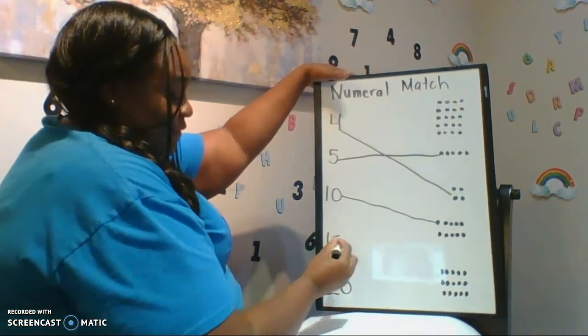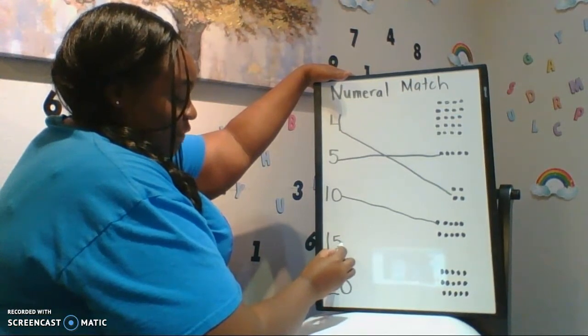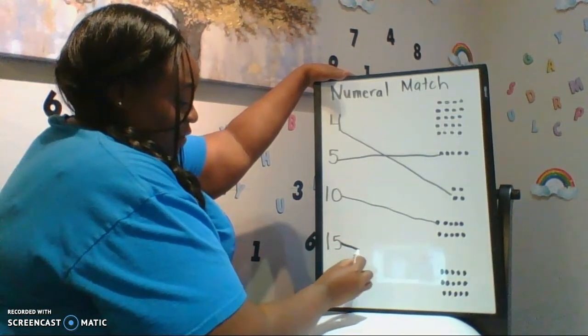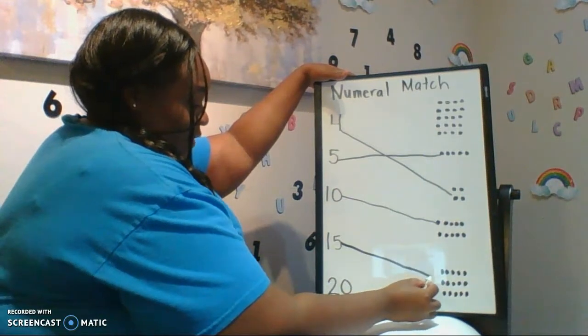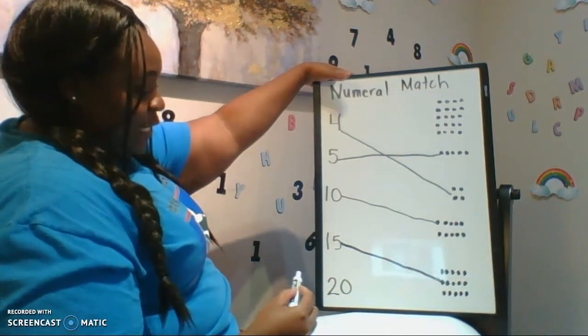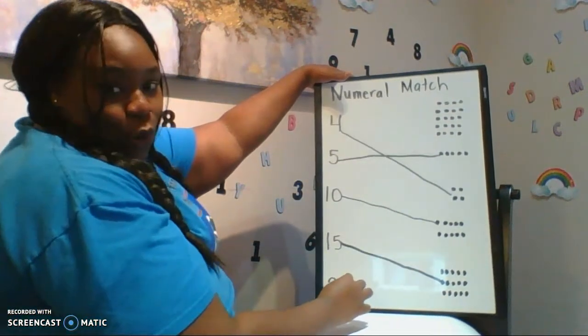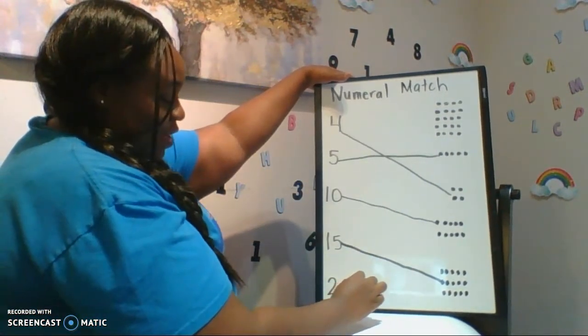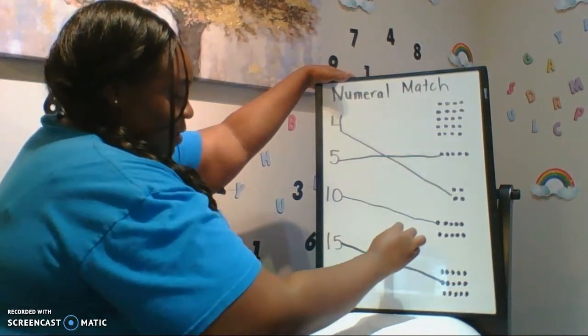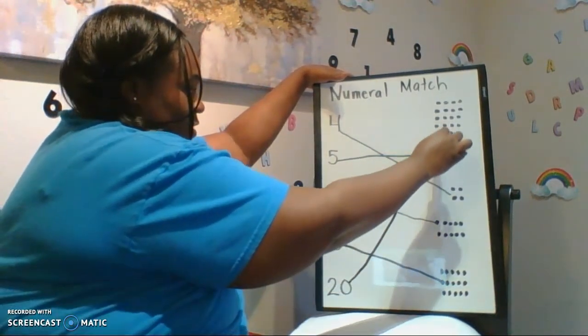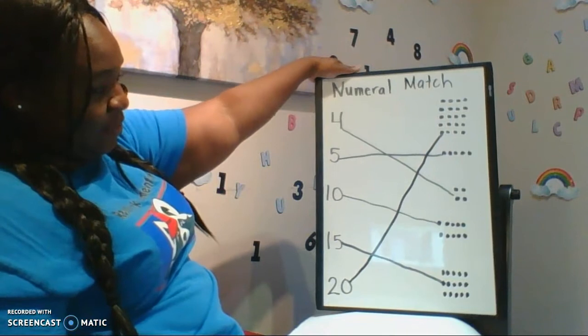So this one must be 15. So let's draw a line. Get your finger ready. Let's draw a line from this number 15 to the group of 15. And so that means that this one is 20. Whoa, you have to draw a long line. Get ready. Here we go. We're going straight up on a slanted line to the top.